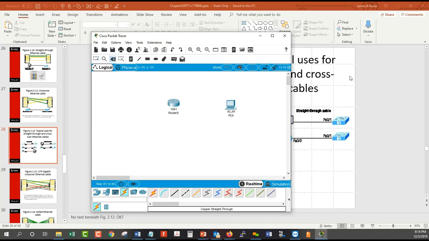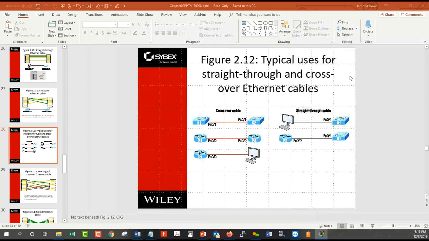So let me get rid of this. Now let's try a crossover cable. Again, gigabit 0/0 over to our PC, fast Ethernet. And notice that that one works. They both worked, when the documentation here tells us that in the case of a PC to a router, we should use a crossover cable.